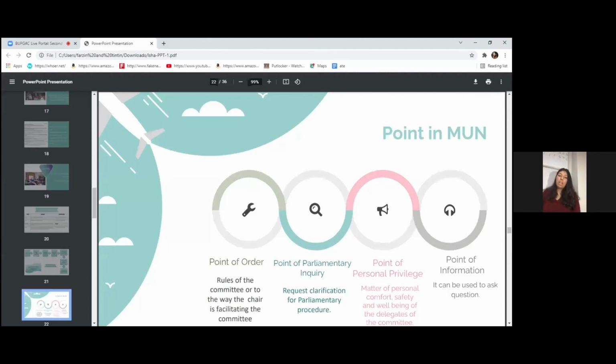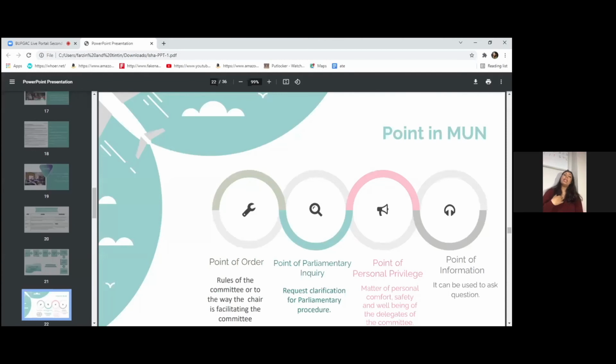Then we have point of parliamentary inquiry. Basically, it means that you have a question for the dais and you want to ask it to them. You cannot just call upon them; they have to recognize you first. Then they will ask what you raised your placard for, you say point of parliamentary inquiry, and only then can you ask questions to the dais members. Remember in the GSL, when I said you can yield your time to questions?